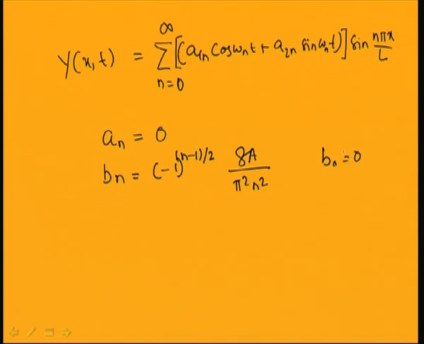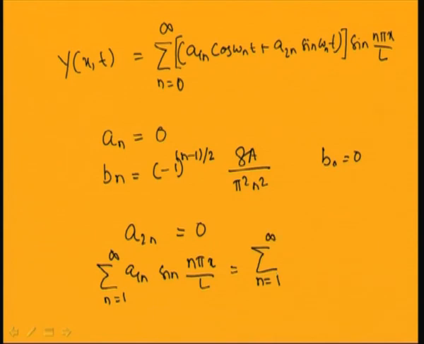Now by taking these initial conditions, you can see that a 2n equal to 0, and from the other condition you will get summation n equal to 1 to infinity a 1n sin n pi x by L equal to summation n equal to 1 to infinity b n sin n pi x by L. Similar to the previous case, this equation will be true if and only if a 1n equal to b n.